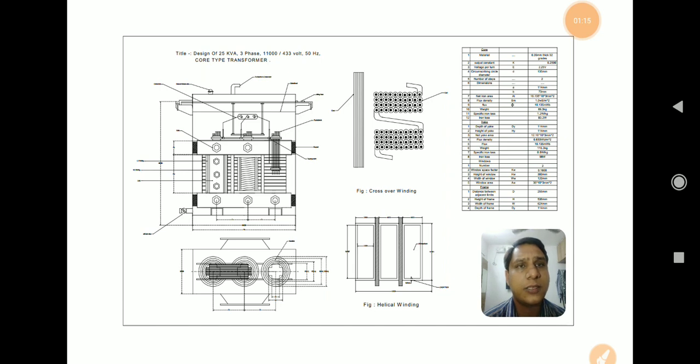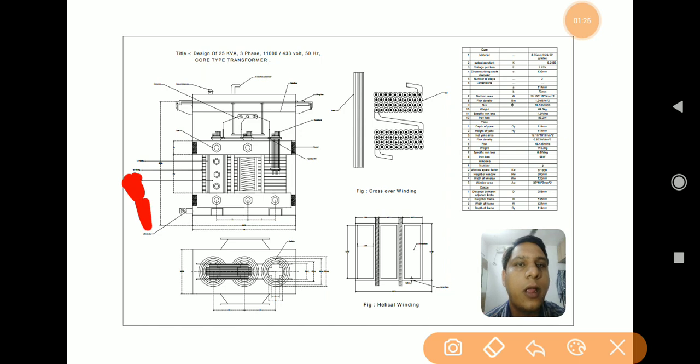Especially if I look at this diagram, I could find four figures there, out of which the first two, figure number 1 and 2, are the cut sections of the three-phase transformer. That is, figure 1 is representing the front view and 2 is representing the top view.